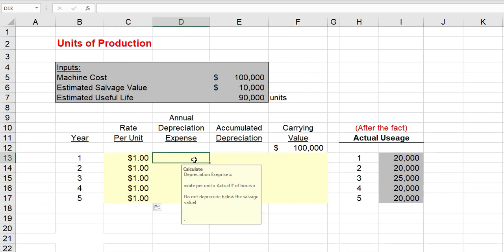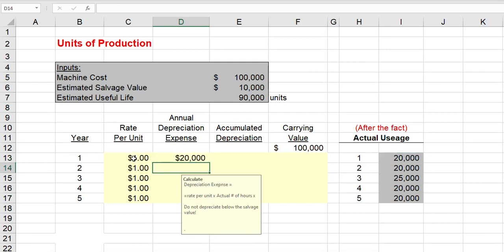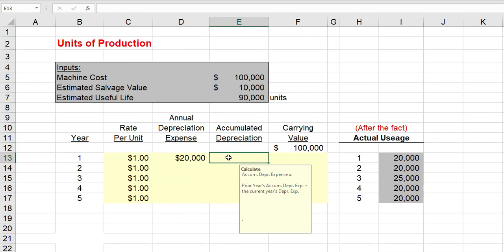All right, so our annual depreciation expense that first year will be the number of units we've produced. And notice our usage after the fact exceeds our 90,000 estimated useful life, so we are going to run into a problem, we'll see. But we're going to take that 20,000 units, multiply it by our rate per unit, and in that first year we would take $20,000 in depreciation expense.